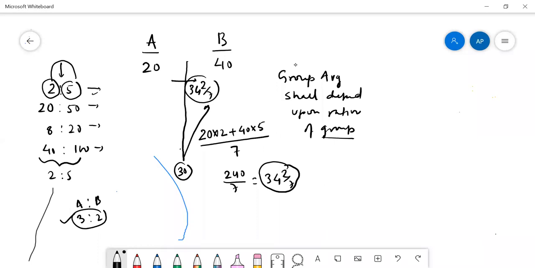I already told you, if they have an equal number of students, the average will be 30. If there are more students in B, the average will be greater than 30. If the number of students in A is greater, the average will be less than 30.